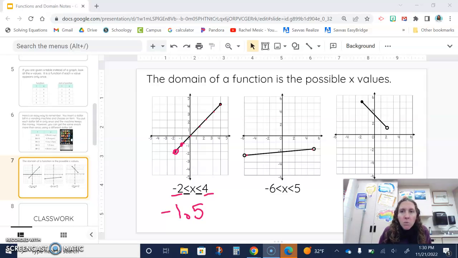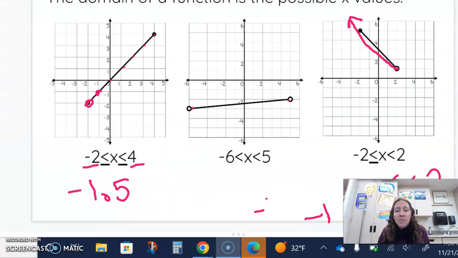Okay. There's also one in your classwork today that actually has an arrow instead of a dot. So that means it's going to go on forever and ever and ever in one direction. So for that type of one, it would be x has to be less than 2. So it could be a 1, it could be a 0, it could be a -1, it could be a -10.